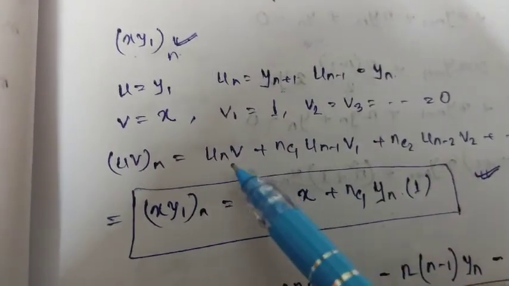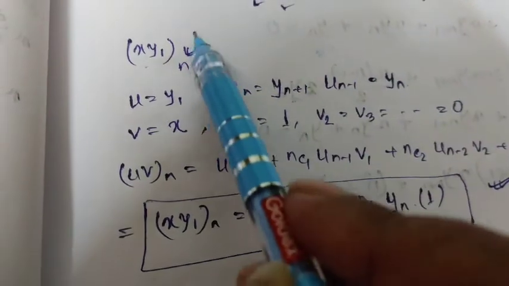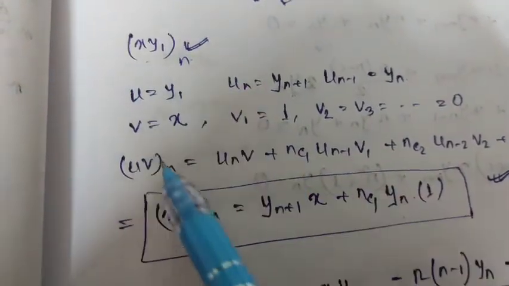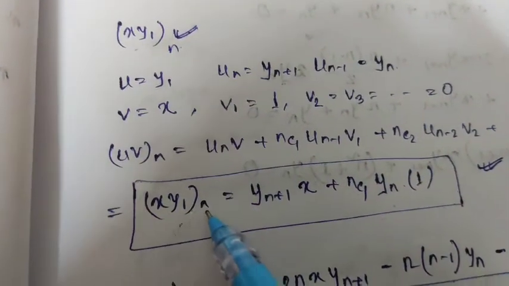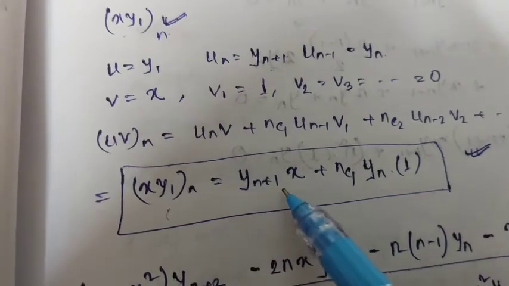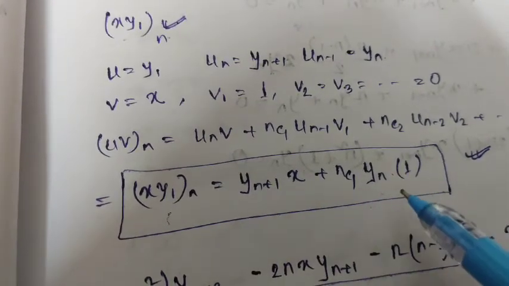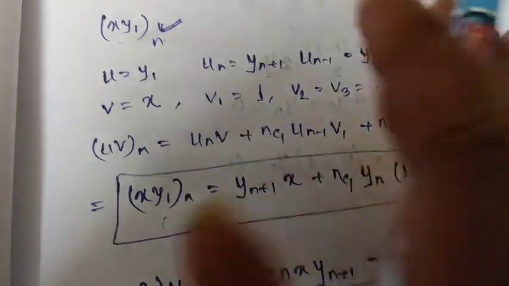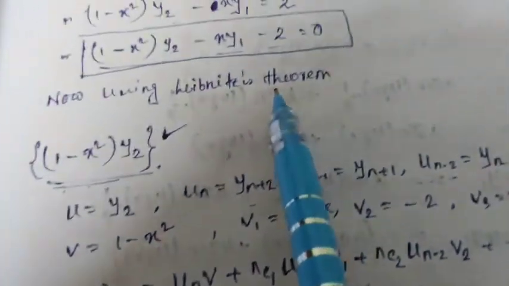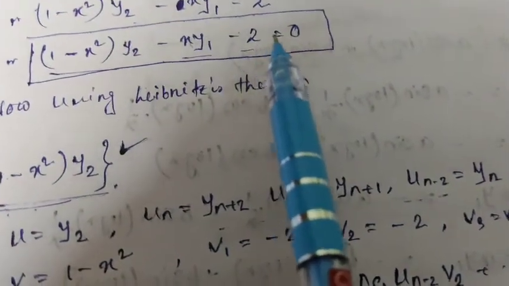So by applying the Leibniz theorem here, we will find that (xy1)n is equal to yn+1 x plus nC1 yn into 1. The derivative of the constant term will be 0.